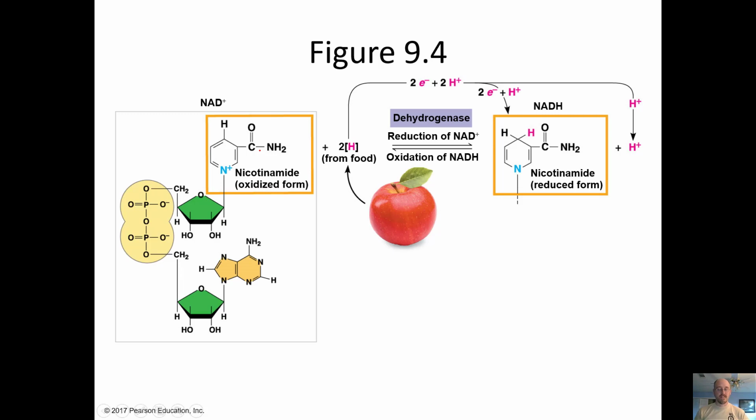We're not going to memorize this formula or anything in this case, but what happens is electrons from your food get stuck to this molecule here. You can see that happening here. Electrons from food as well as some hydrogens are stuck to it, so when it becomes reduced, you can see another hydrogen get stuck in this area. You can see that happening right here. And then later on, that hydrogen and those electrons can be released again.